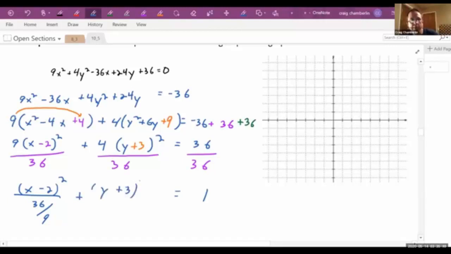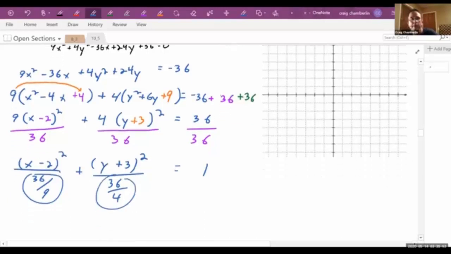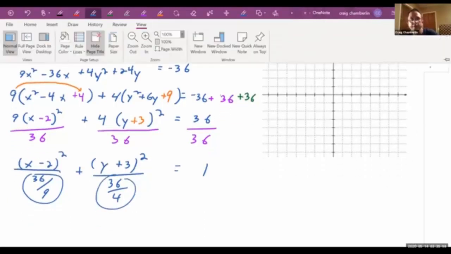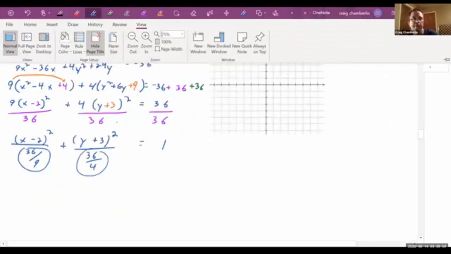So I'm going to do the same thing here. Multiplication by 4/36 is the same as division by 36/4. And so if these guys didn't simplify, this would be the standard form. But because it simplifies, of course, you're going to go ahead and simplify it.